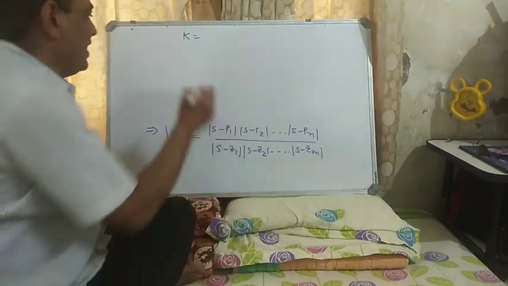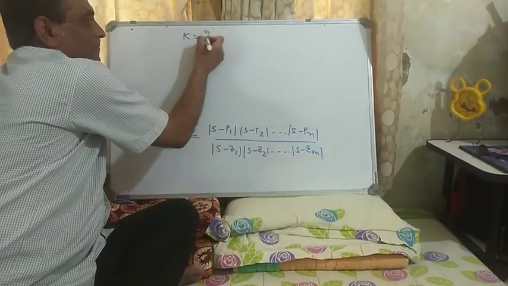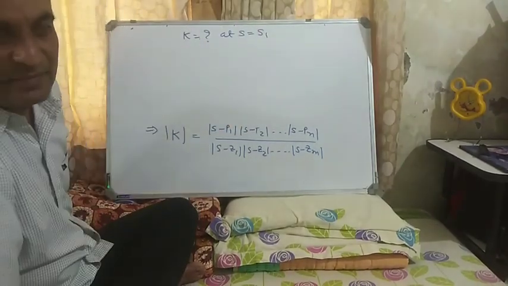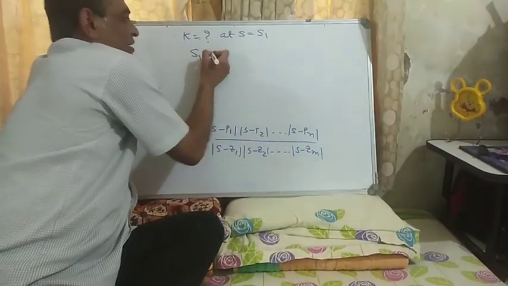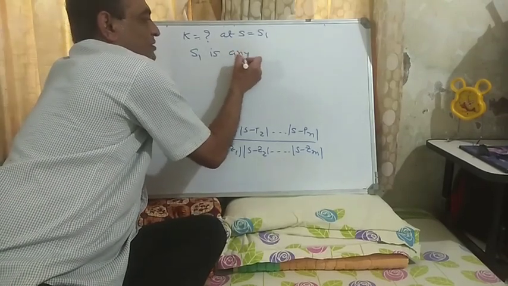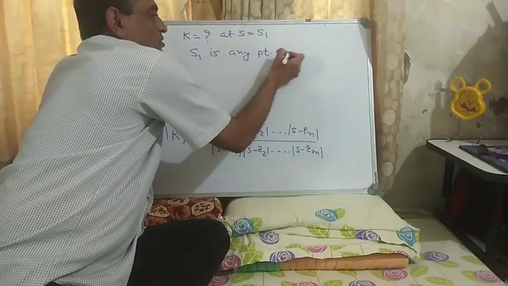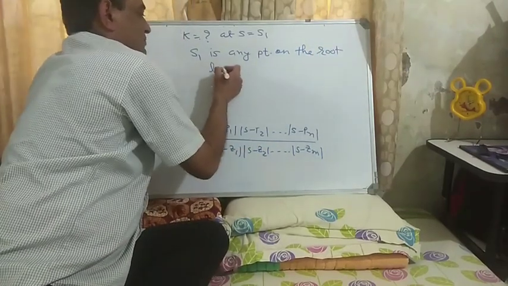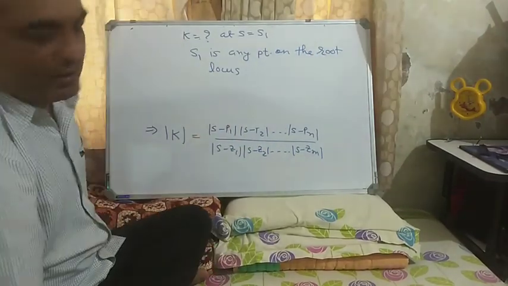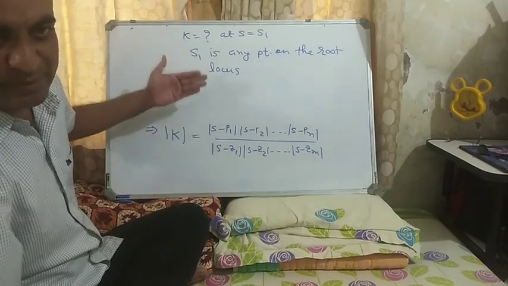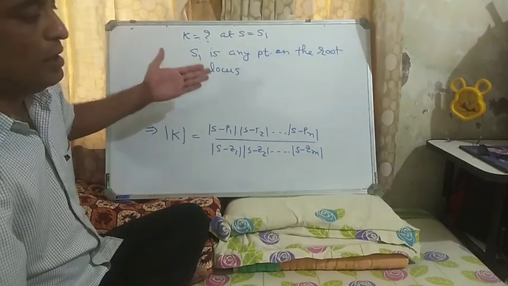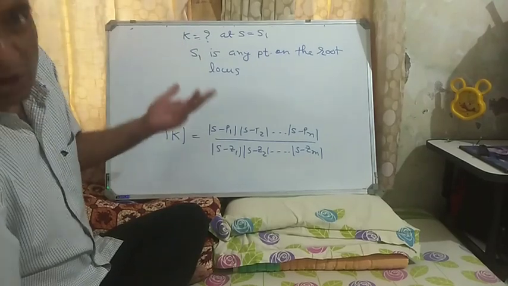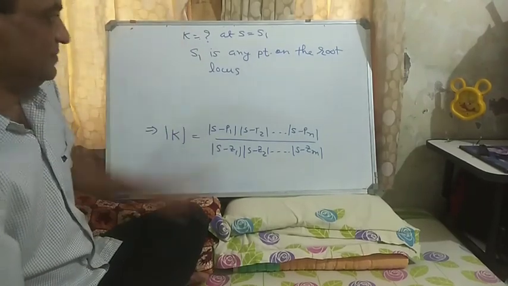Now I want to find the value of K at s equal to s1, and this s1 is any point on the root locus. It can be a breakaway point, a break-in point, or a point on the imaginary axis, a j omega point, anything.